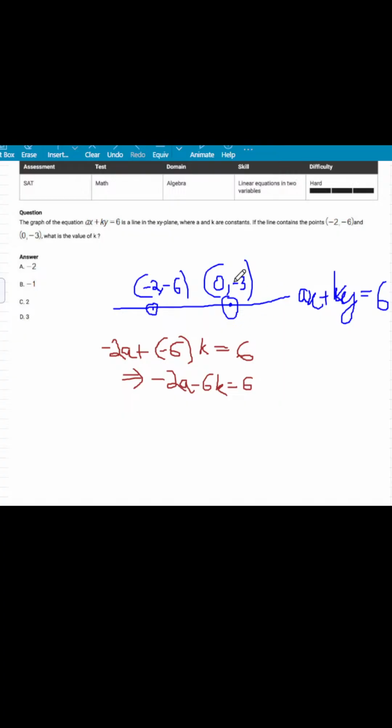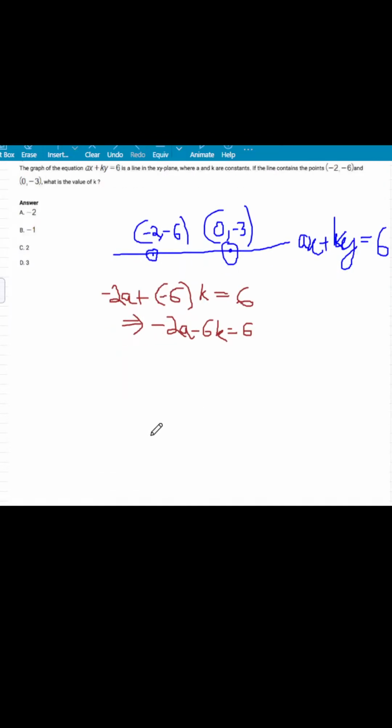Then similarly for the second point, if we put these coordinates in the equation of the line, we'll get 0 into a, which is 0, plus k into y is minus 3, so it will be minus 3k is equal to 6.